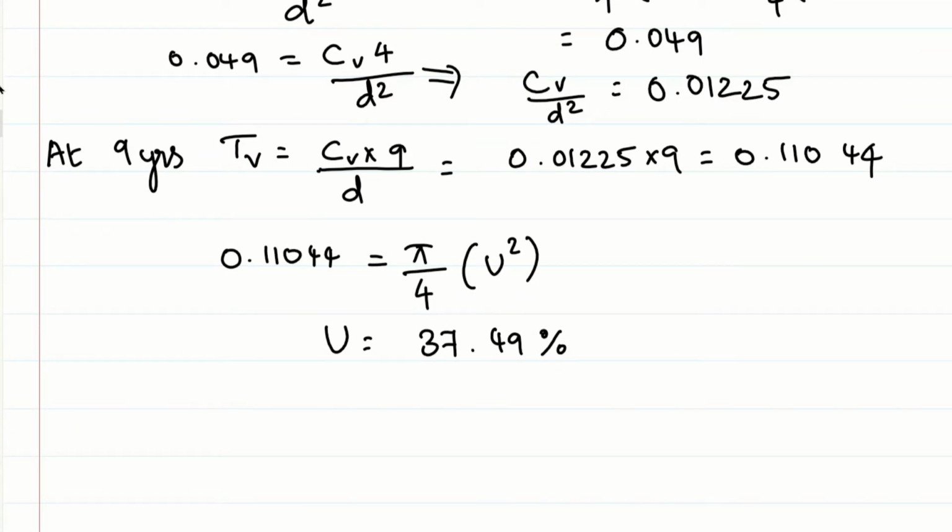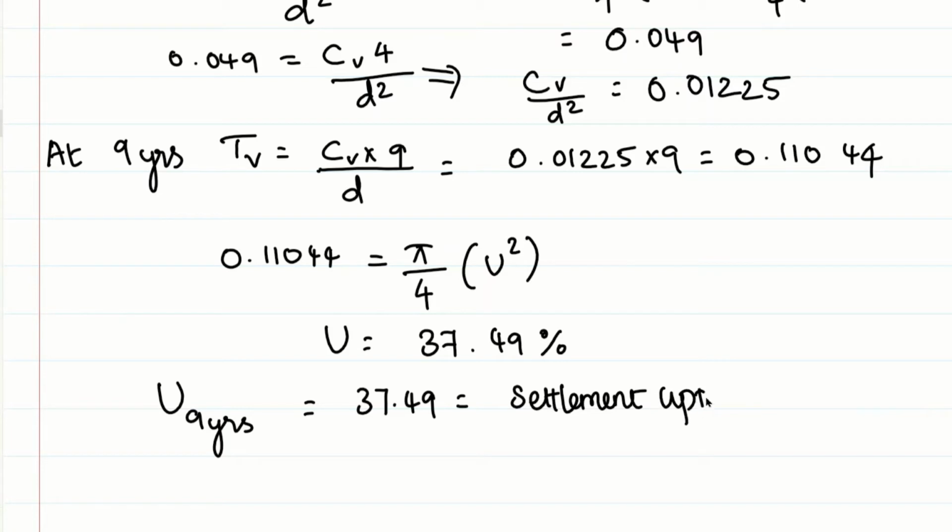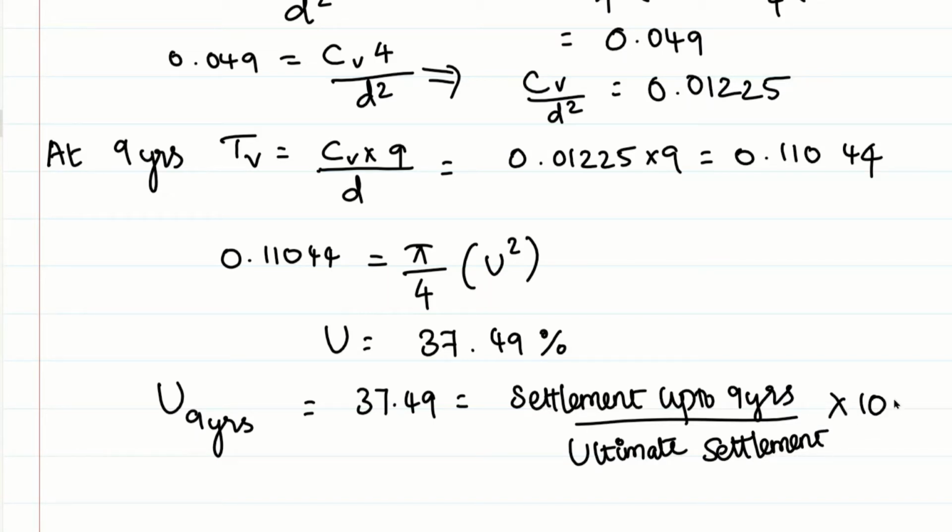Now you need to know how much is the settlement corresponding to this amount of consolidation. So for that sake, your degree of consolidation at the end of 9 years is equal to 37.49, which is actually equal to the settlement happened up to 9 years divided by the ultimate settlement into 100, right?